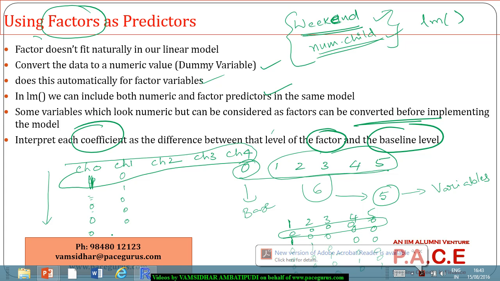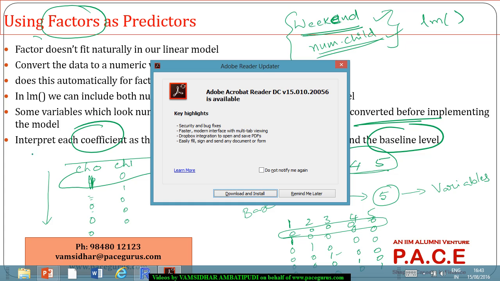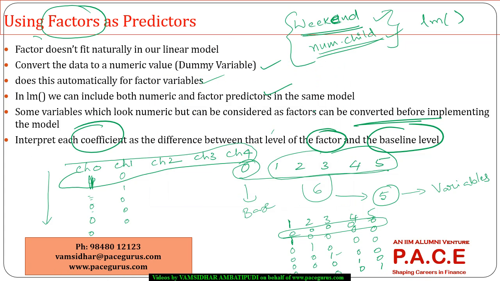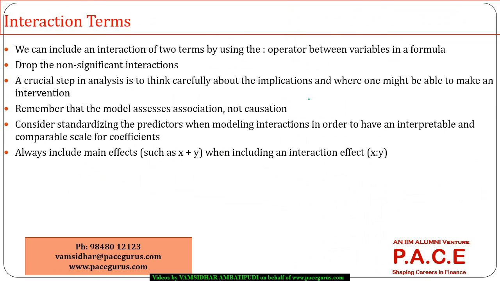So now the next aspect that I can look at is how do I really bring in the interaction terms. When we are talking of interaction between two variables, I can use this colon operator between the variables. So when we talked about variable 1 and variable 2 influencing my dependent variable separately, we have given a plus operator.